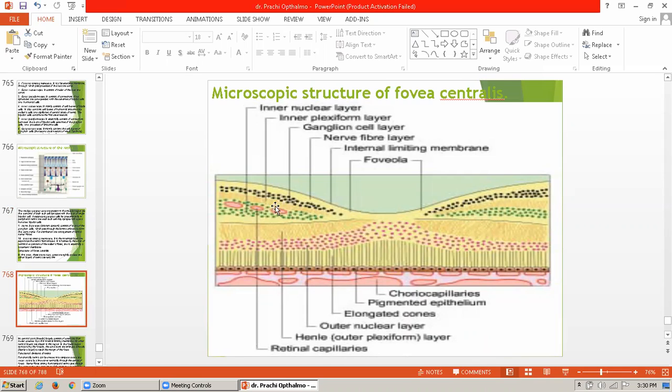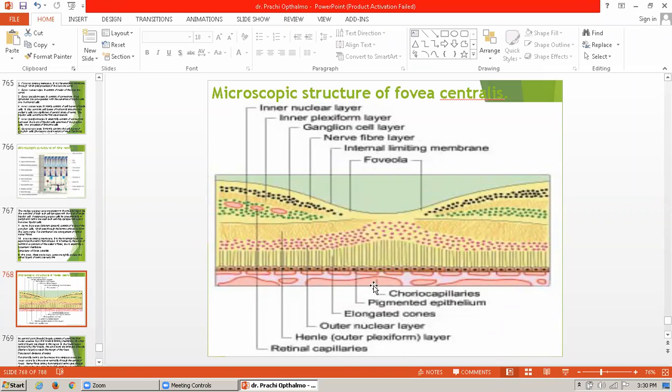Then this one is the inner plexiform layer. This black dot is the ganglion cell layer. Just above that there is the nerve fiber layer, and this line is the internal limiting membrane, and the center part is the foveola.